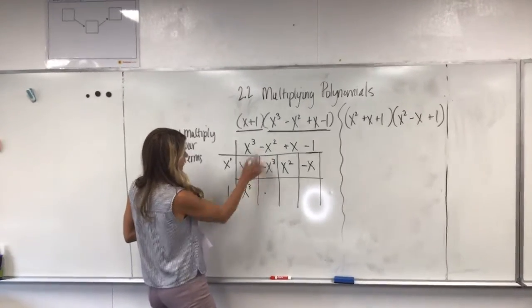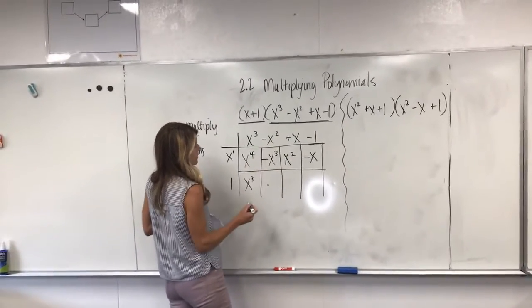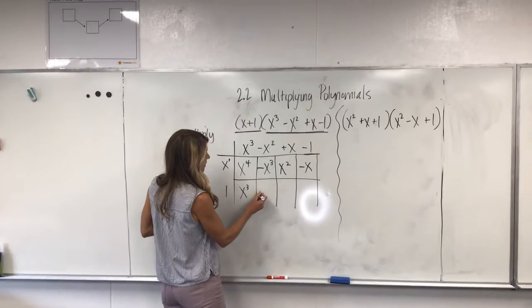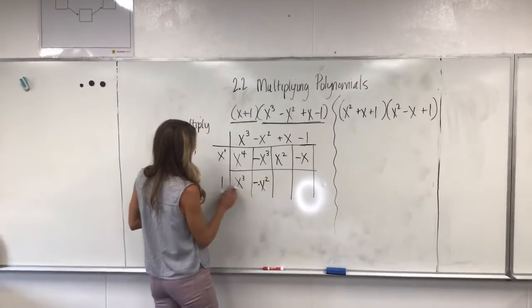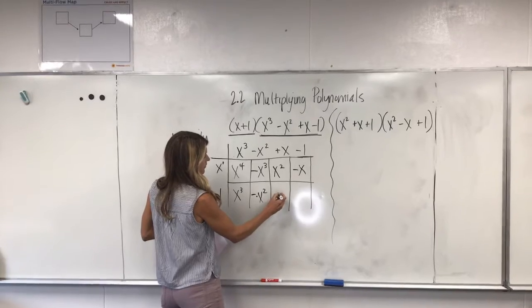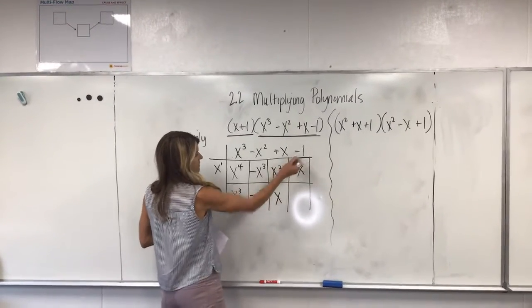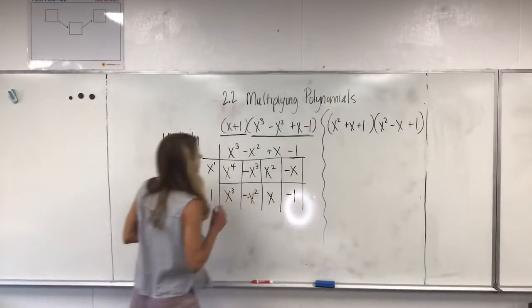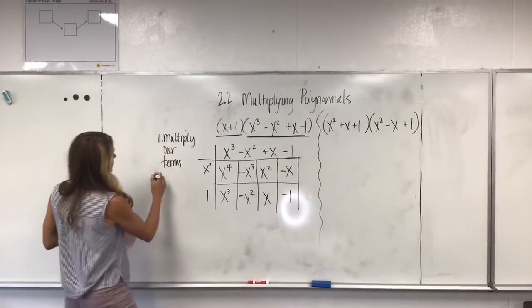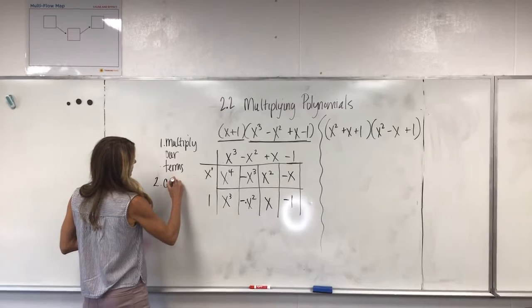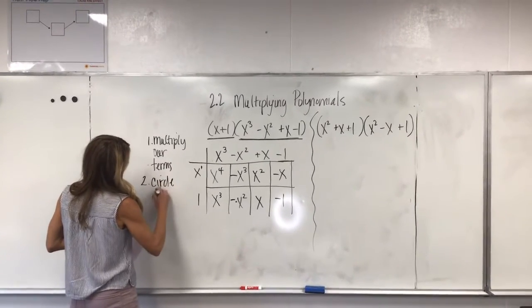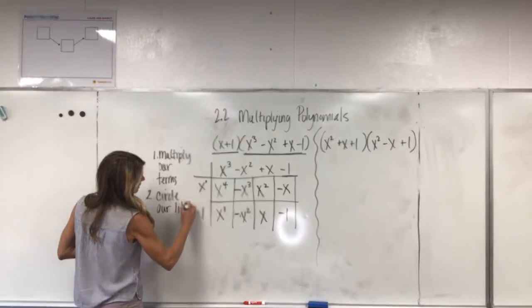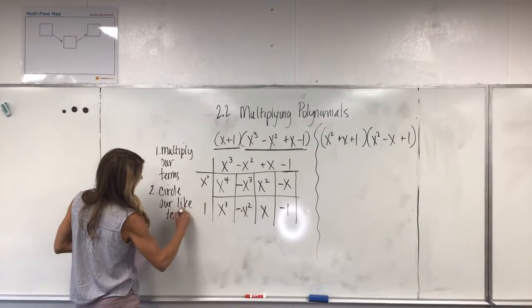All right, Trinity, keep going with that. 1 times negative x squared. Negative x squared. Okay, and then 1 times x. X. Okay, and then 1 times negative 1. Negative 1.